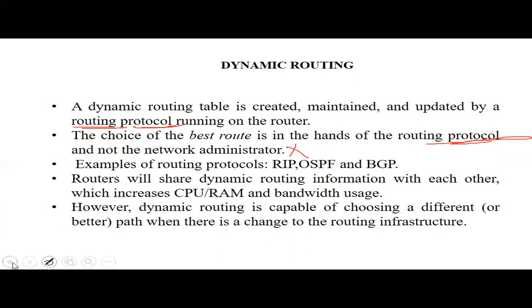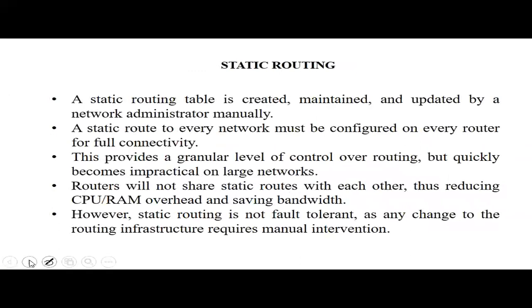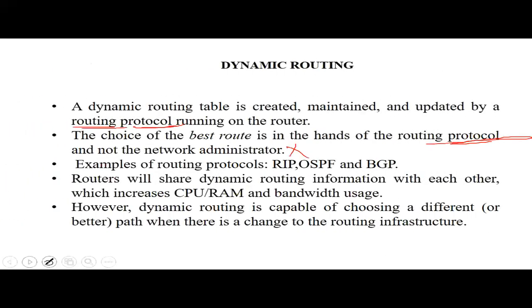So the limitation of static routing is covered in the case of dynamic routing. Usually for large networks, in today's world, dynamic routing is needed. Whenever we are talking about the internet, it needs dynamic routing. The table needs to be updated as soon as there is a change in the internet. In the next class, we will be studying unicast routing protocols.